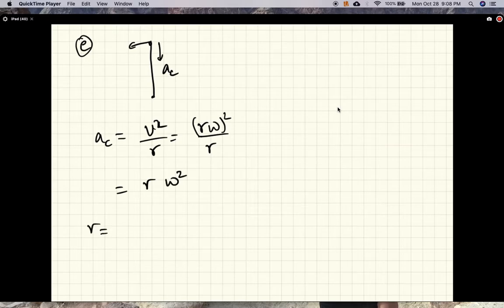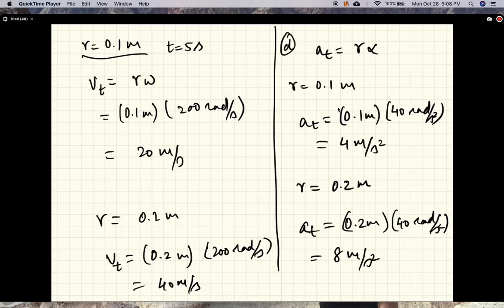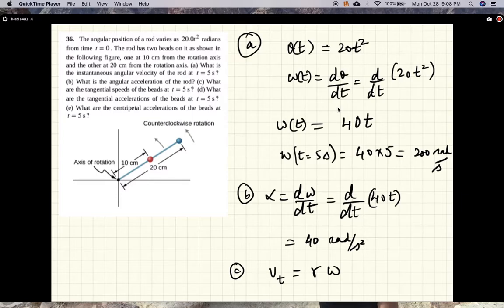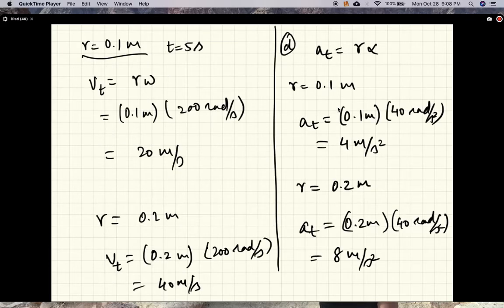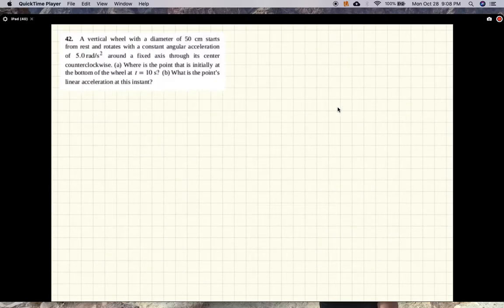Okay, so for r equal to 0.1 meters, and we're finding all this at t equal to 5 seconds, the centripetal acceleration is 0.1 meters times ω², and ω at 5 seconds is 200 radians per second.